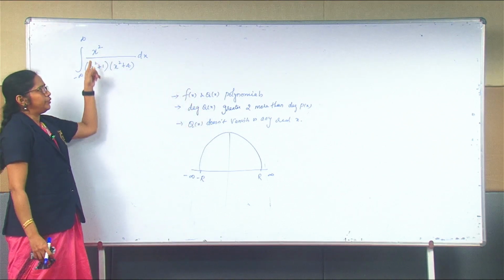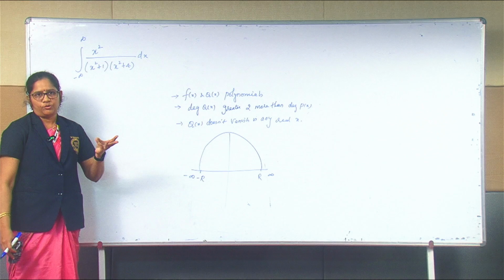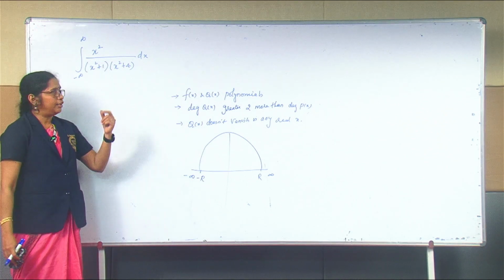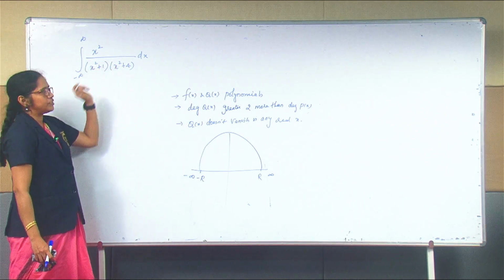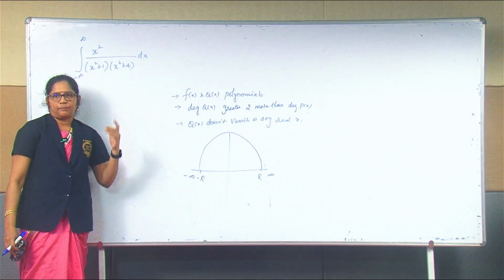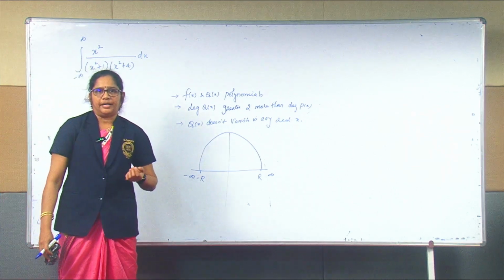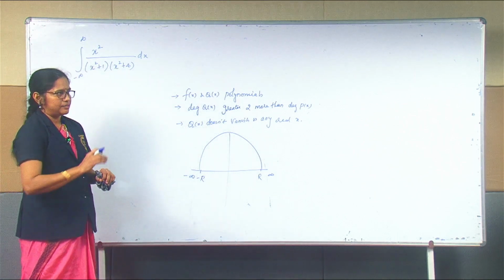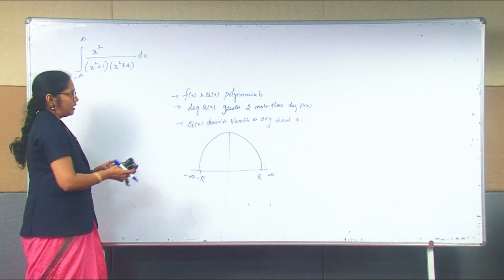Both are polynomials, yes, of course. What is the numerator degree? It is 2. What is the denominator degree? This is 2 and this is 2, that is 4. Then x square plus 1 equal to 0, x square plus 4 equal to 0, means we are getting x equal to plus or minus i and x equal to plus or minus 2i. So it does not vanish in any real x.